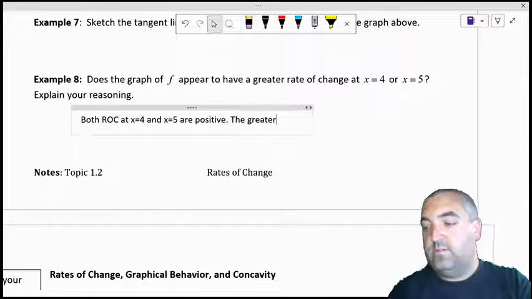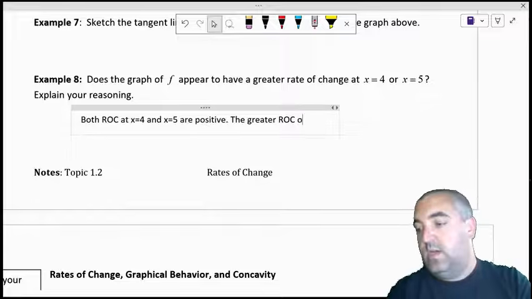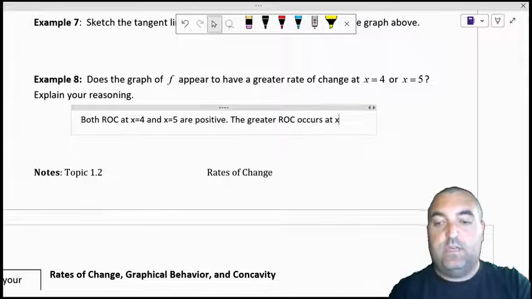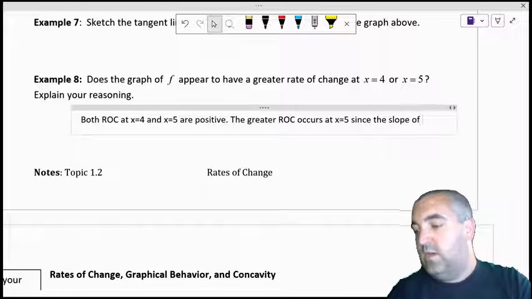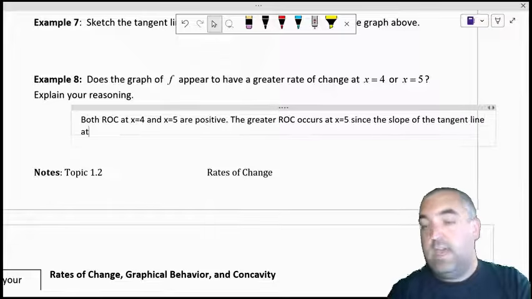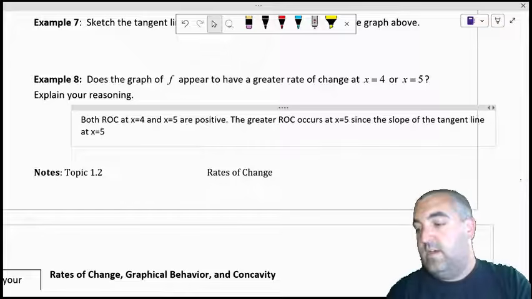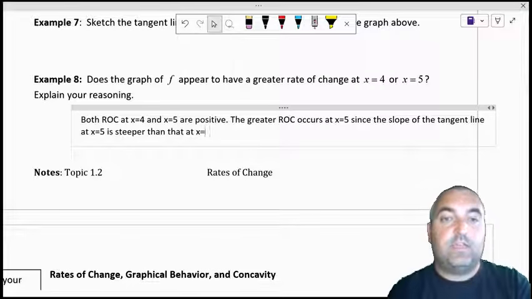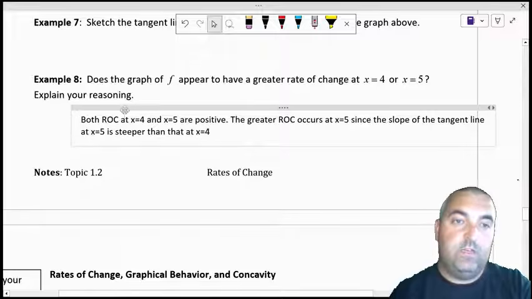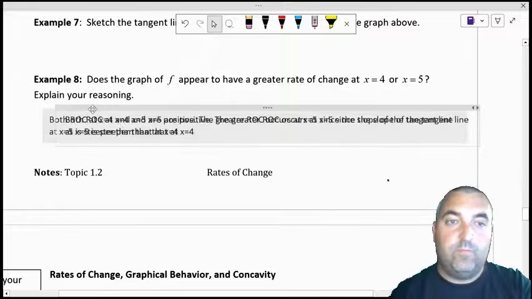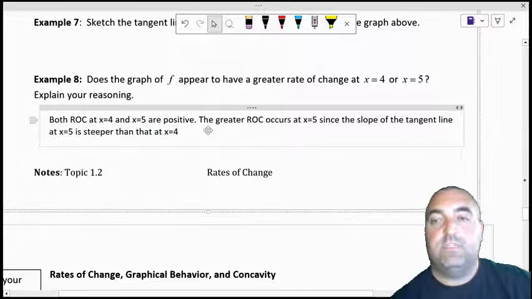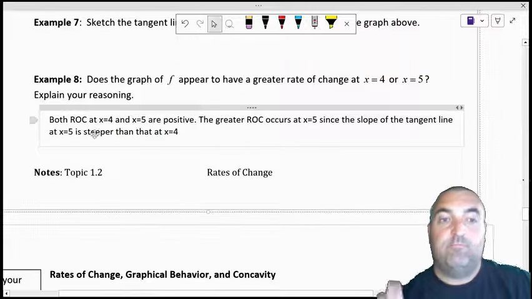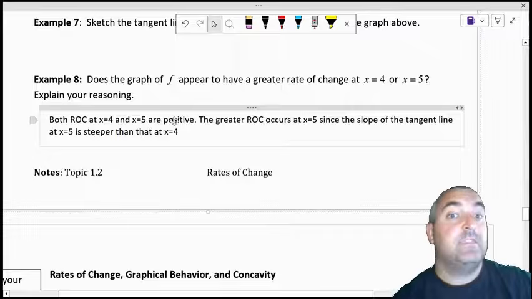The greater rate of change occurs at x equals 5 since the slope of the tangent line at x equals 5 is steeper than that at x equals 4. So this explanation right here would be a pretty good one. Again, your answer could vary, but this hits the gist. It's that idea that it gets steeper and that is positive.